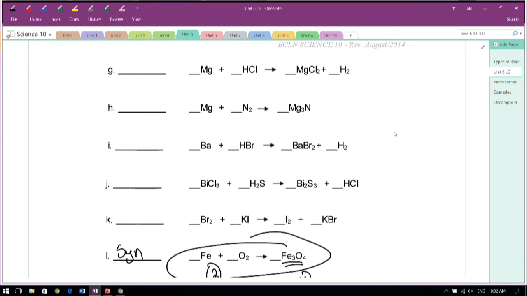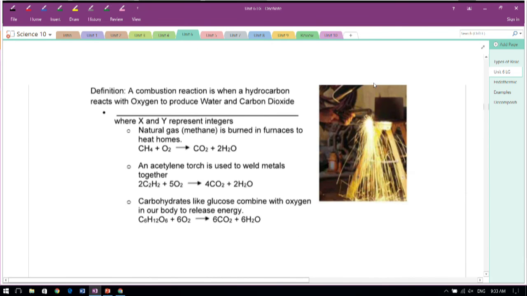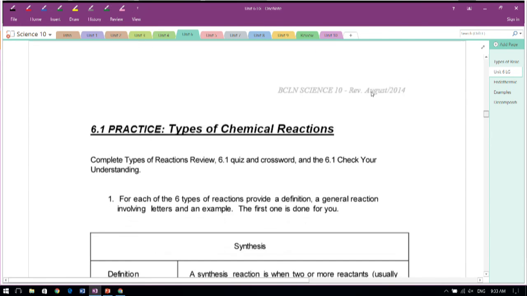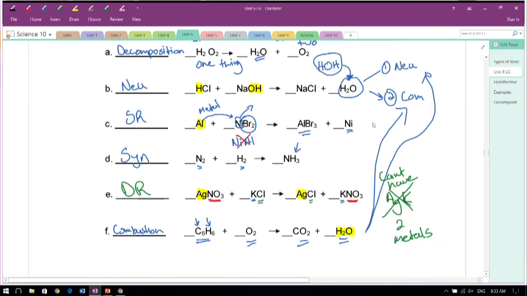Costin, this is the one you're maybe referring to. G, H, I, J, K, and L. I assume it's 6.1. Maybe I jumped to 6.2. Nope. That is the right one. 2G.